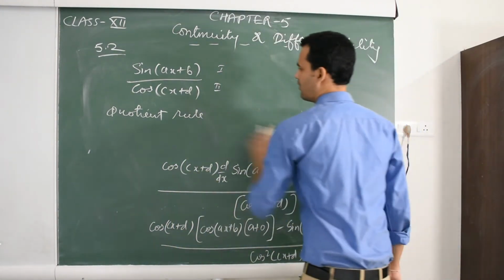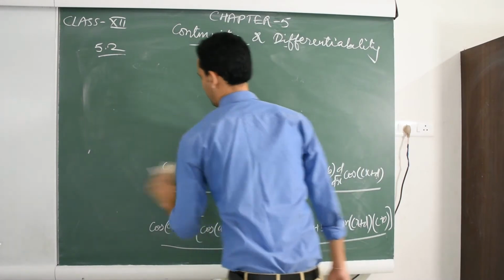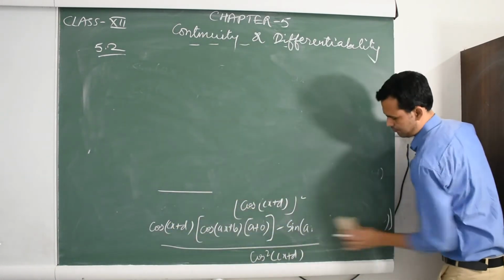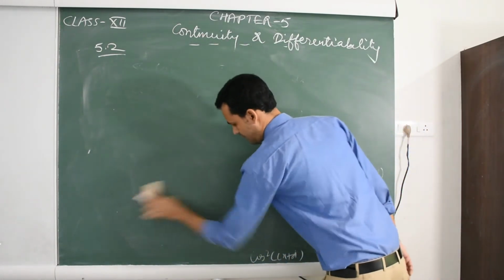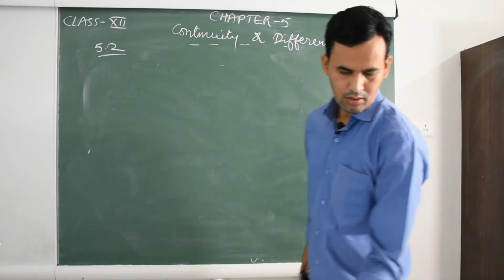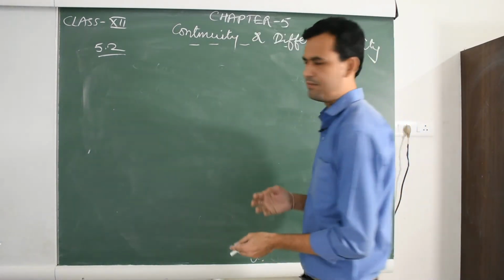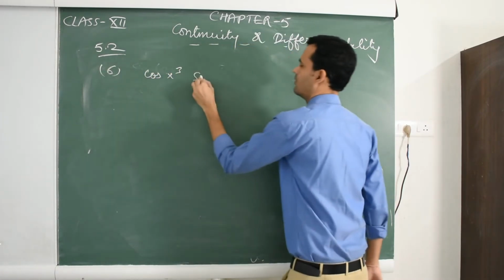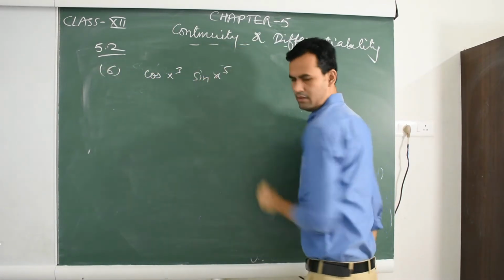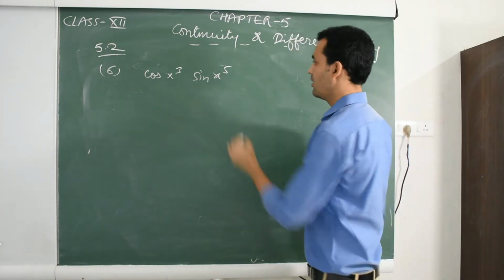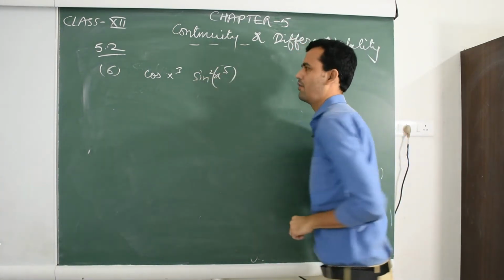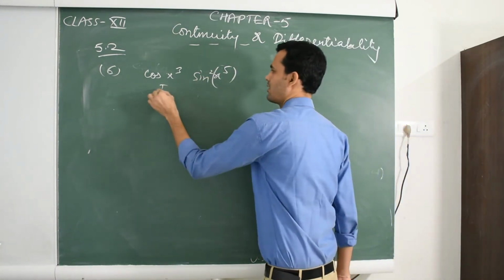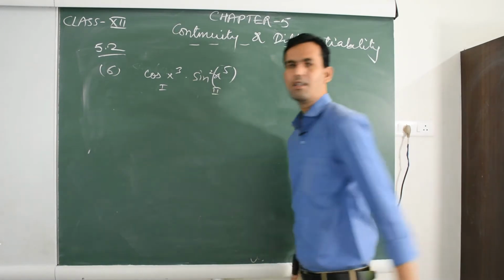Now one more question from this exercise. Question number 6. cos(x³) sin²(x⁵). So there are two functions, first and second, both in multiplication.